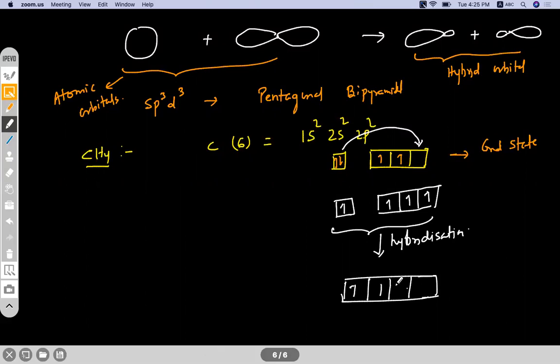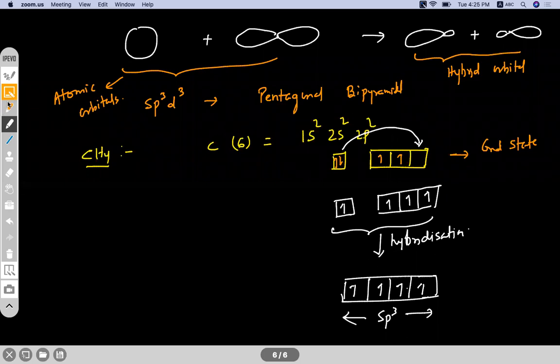Each hybrid orbital has 1 electron, because here also we had 1 electron present. So these are sp3 hybridized orbitals. Then the s orbitals of 4 hydrogens make bonds with these sp3 hybridized orbitals, and we get the CH4 molecule.